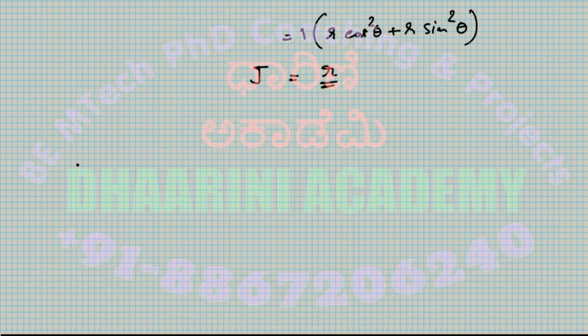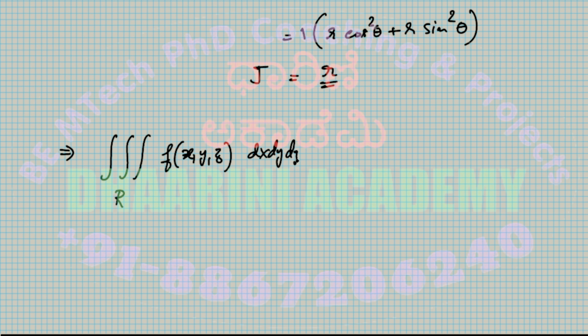So I can rewrite the triple integral. Now you see only the region changes. The integral over R of a function of x, y, z dx dy dz can be rewritten as an integral over a different region R dash. But I'm not changing to G, I'm writing f itself because I know the substitution.